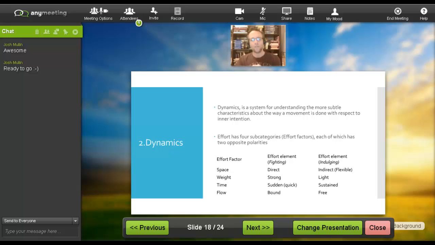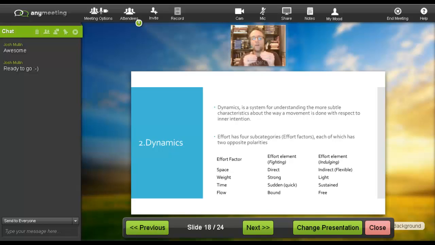The second part is the dynamics. When we look at dynamics, we're looking at four main key areas: space, weight, time and flow. Is the space they're working in, or the space their body is producing, soft, rhythmical and flexible? Is the weight going through their feet light and flowing?